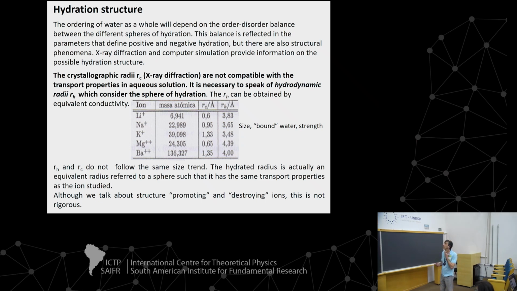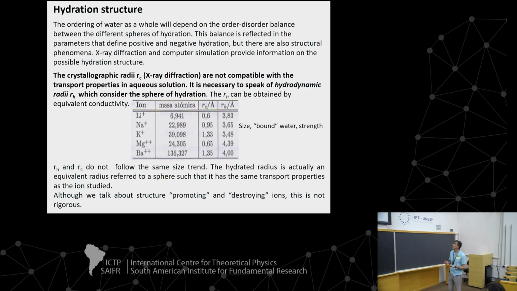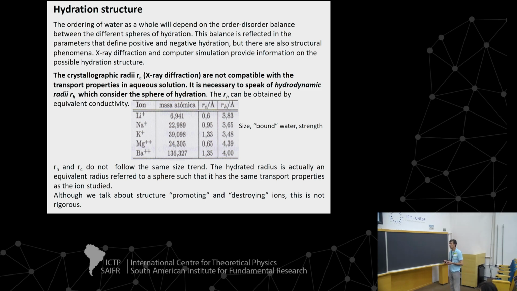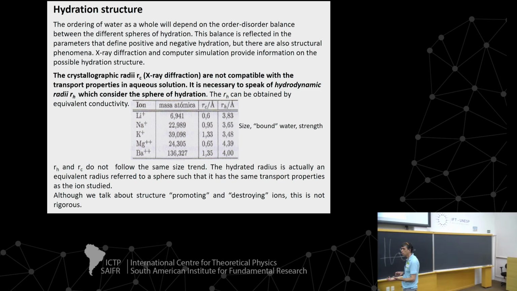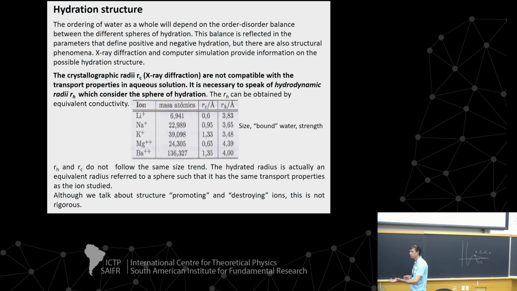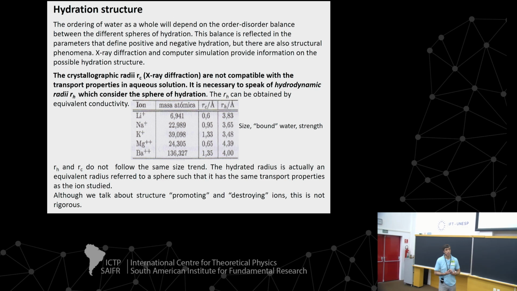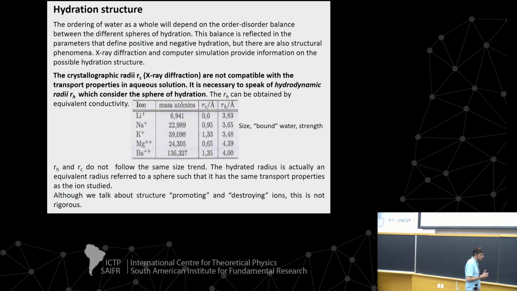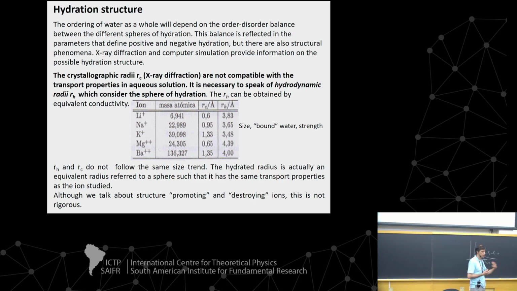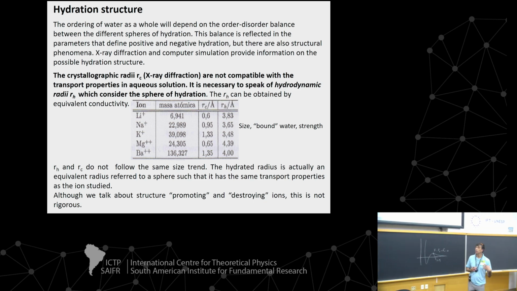Okay, so when we speak of hydration structure of ions, we have to take into account the different interactions between ion-ion and ion-water. But when we speak of ions, we are going to take into account that the ions are not moving alone. They are moving with a hydration sphere, and this sphere could be very tightly or very loosely bound to the ion, or it can be very rigid, or it can be exchanged very quickly with the bulk.